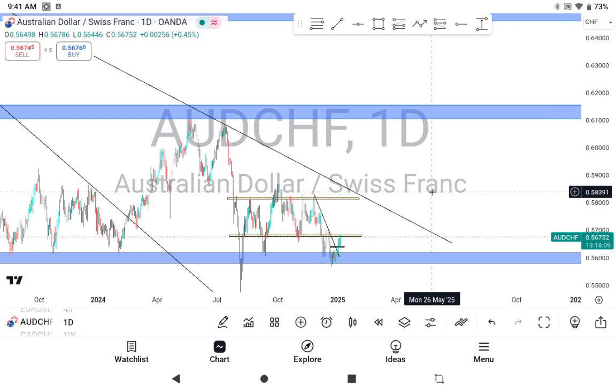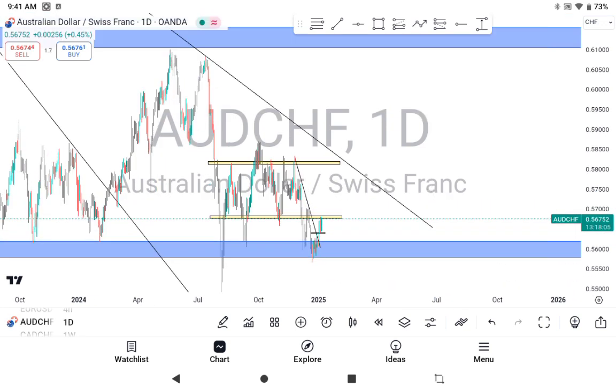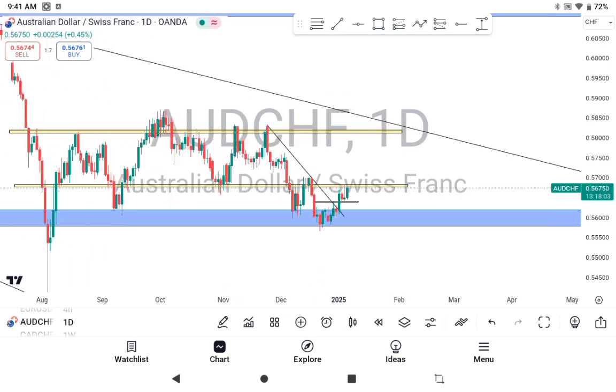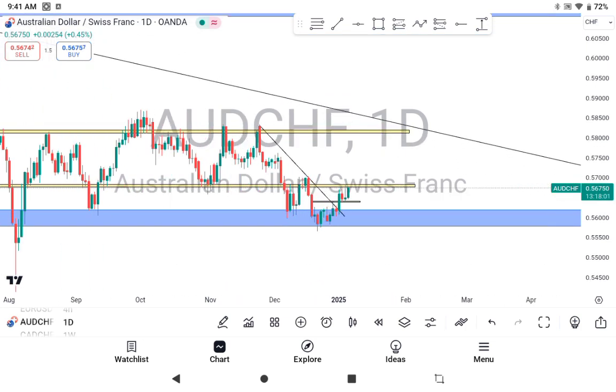But now, what I'm also thinking the market might do, it might not necessarily do that, and it might still do that, but I'm just saying my own scenario. Since price has been struggling to break this yellow bar right here, this might look like an inverse head and shoulders pointing price to the upside.